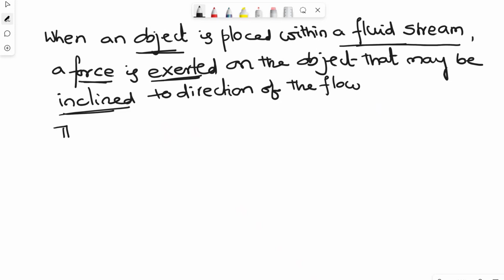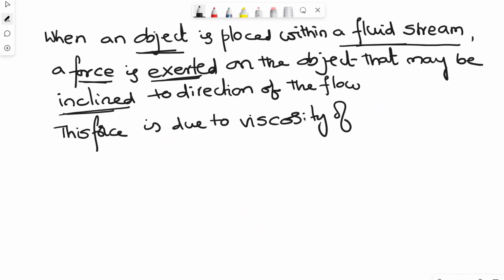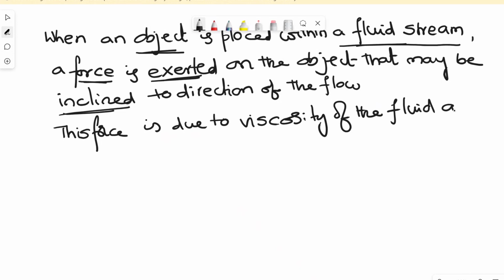This force is due to the viscosity of the fluid, and there are two reasons.